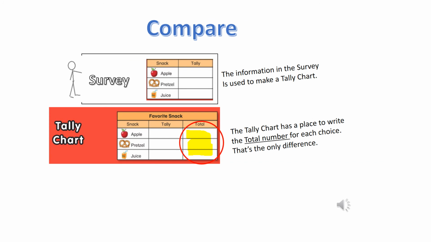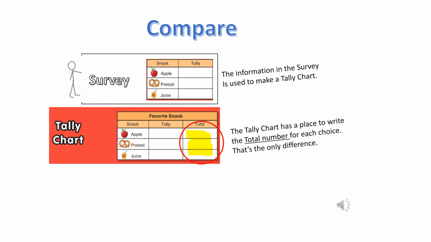Here we are going to compare the survey and the tally chart. The survey is on top, and you can read with me. The information in the survey is used to make a tally chart. Under that is an example of a tally chart.